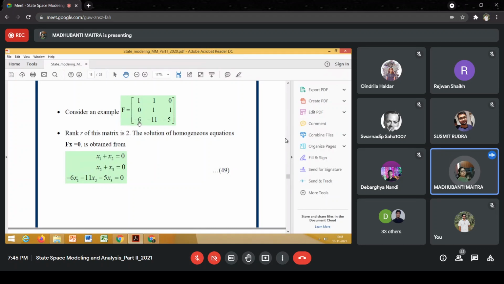And if the matrix is not a full rank matrix, if the matrix is a singular matrix, then we can have an infinite number of solutions. So you see, these two equations are dependent. If we choose a value of x1 to be 1, then x2 will be minus 1. And if x2 is minus 1, x3 will be plus 1. Am I right?